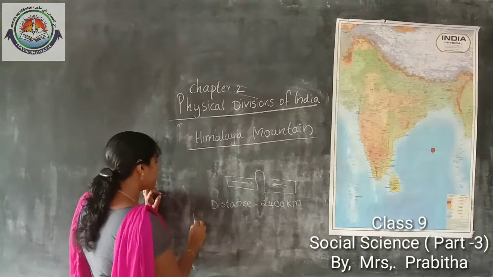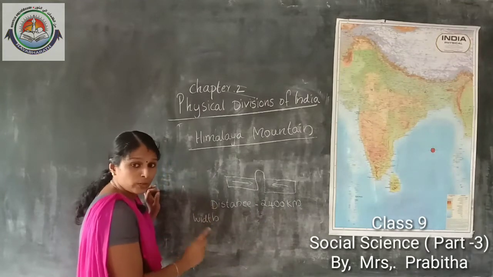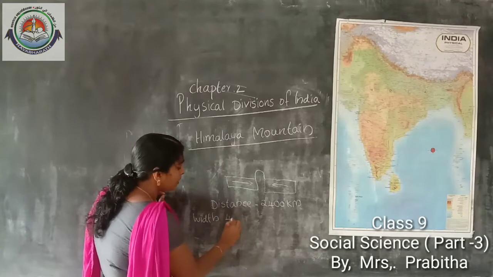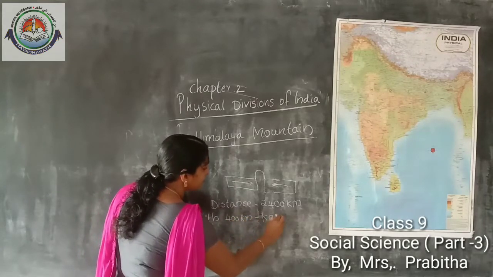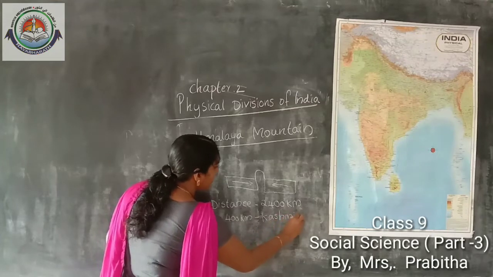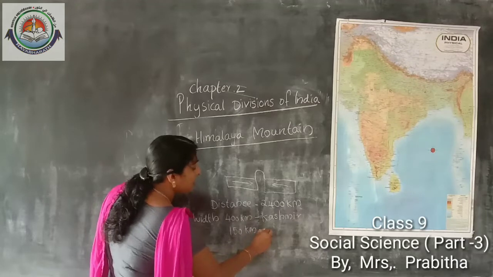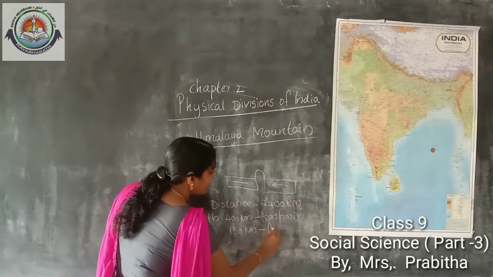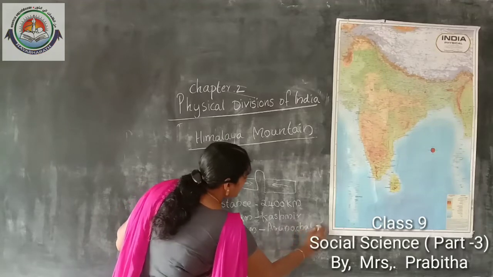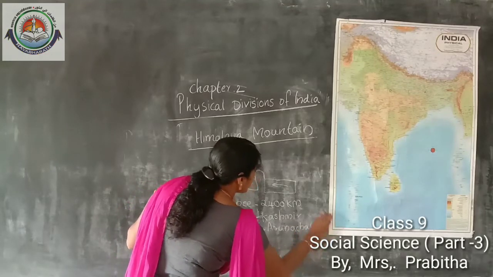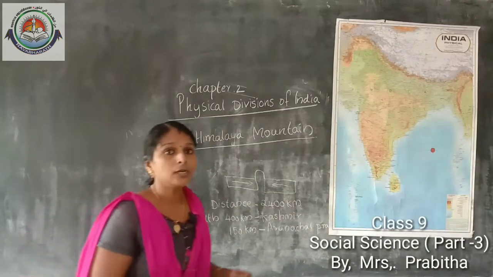And how is its width? Yes, its width varies from 400 km in Kashmir and 150 km in Arunachal Pradesh. Okay. So this much is about the northern mountain.